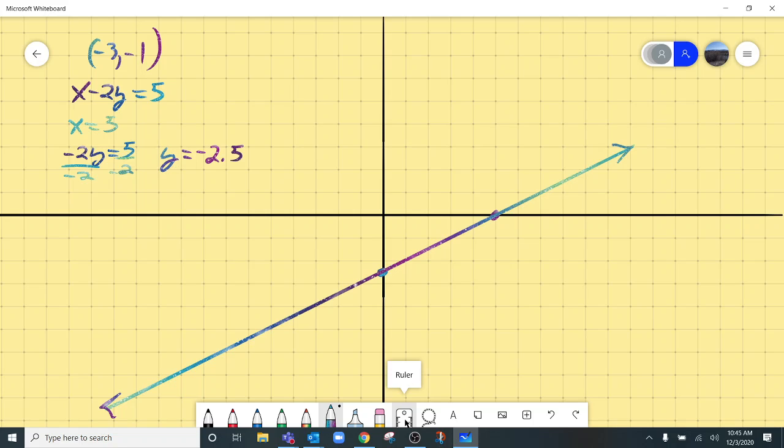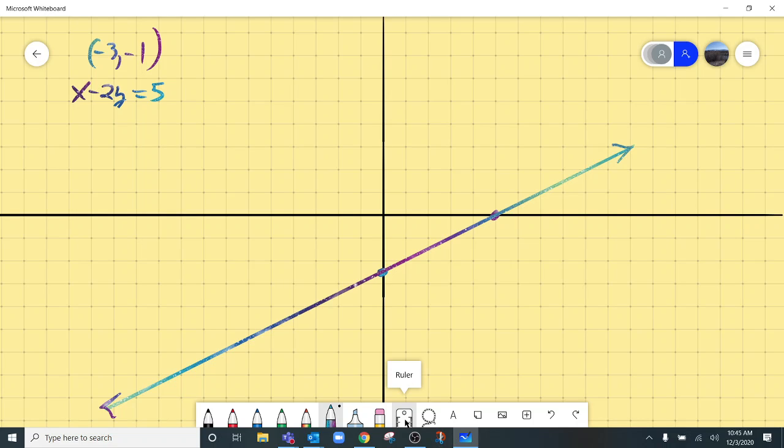The only issue with doing it this way, because that's a great way to graph it, but we need to know the slope because we're doing a parallel line, right? So let's go ahead and actually put this into slope-intercept form, y equals mx plus b.